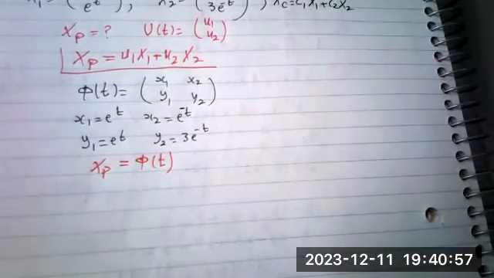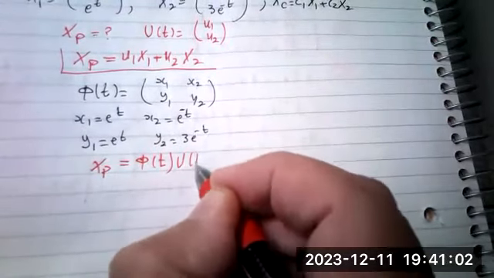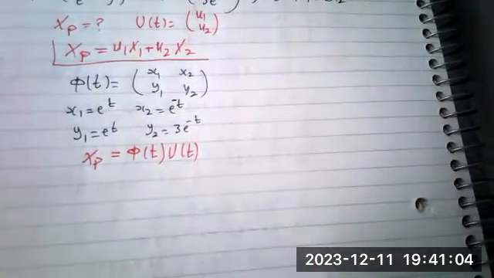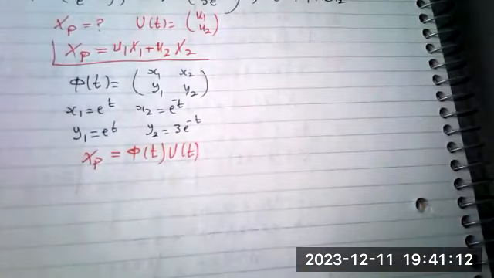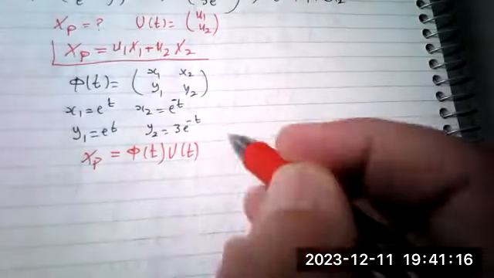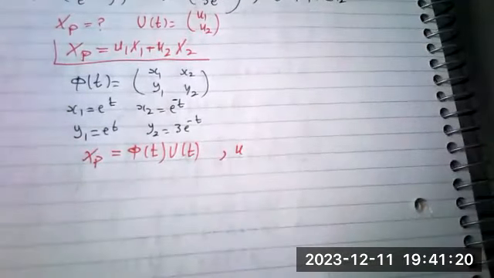And the way we write it down is phi of t, u of t, if you like. Then we solve it and show what that u of t is at the end. Remember the formula? What was the final answer?